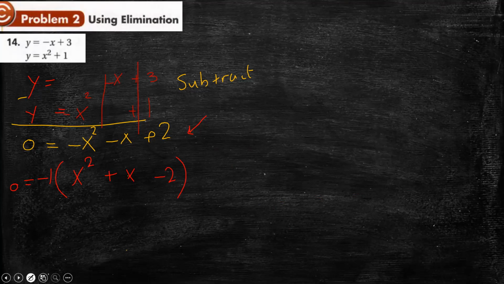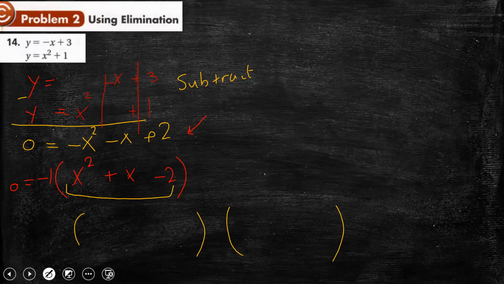Now look here. What did I have? I have x squared plus x minus 2. After I subtract them, I now need to factor them. I have an equation, 0 equals something. So let's factorize it: x plus 2 and x minus 1.